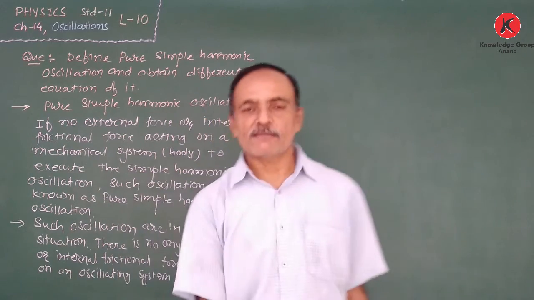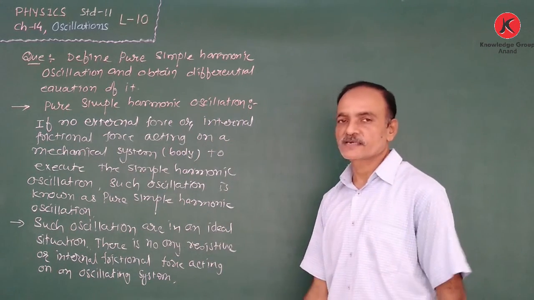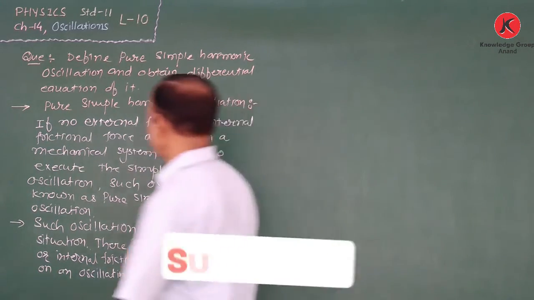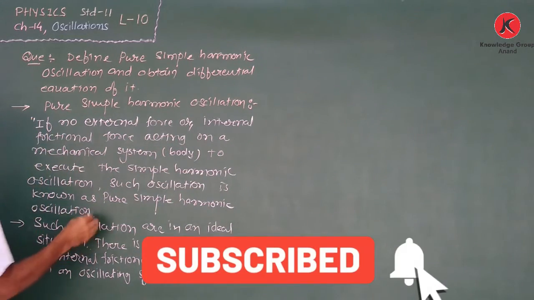So that is the information about pure simple harmonic motion. Clear this thing? So that is the definition of pure simple harmonic oscillation.